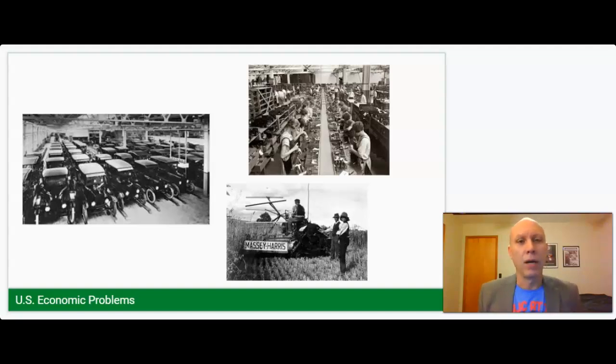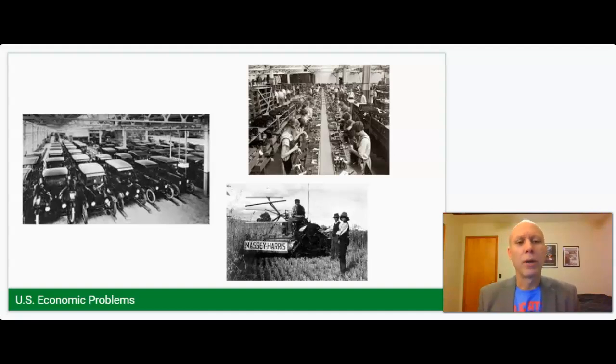The U.S. economy appeared to be very strong during much of the 1920s. Production was high, the stock market was booming, and that's one indicator of a good economy. But unfortunately, there were a lot of flaws, despite a few obvious positive indicators.